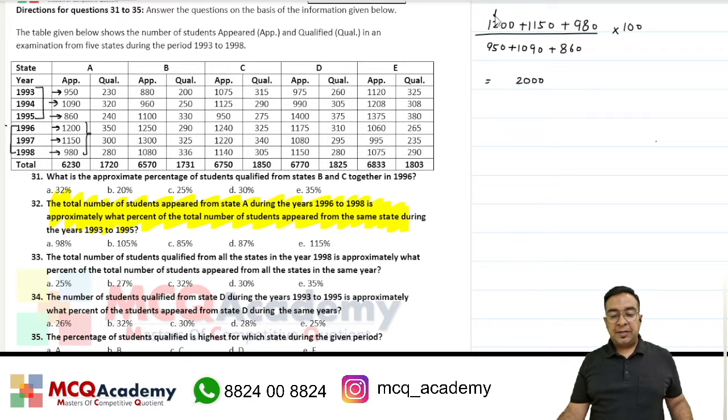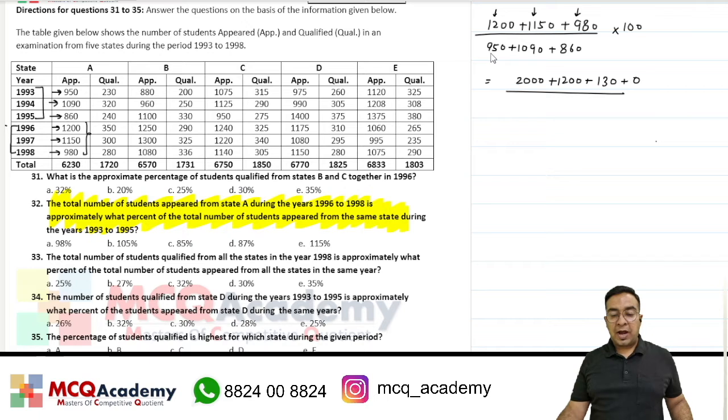Then adding up digits at hundreds places, 200, 300 and 900. So this is equal to 1200. Then adding up digits at tens places, this is equal to 5 plus 8 is 13, that is 130. And then digits at zeros places.